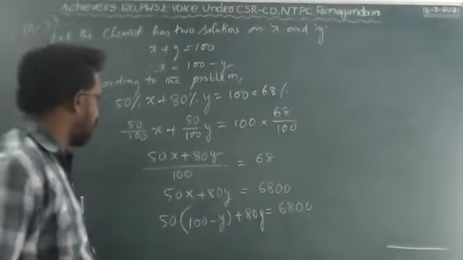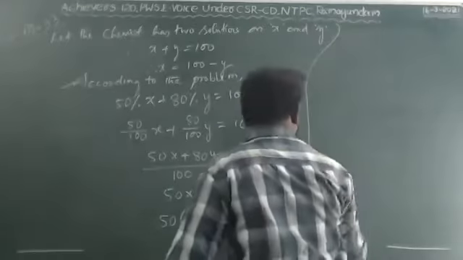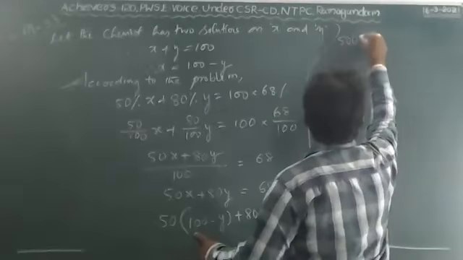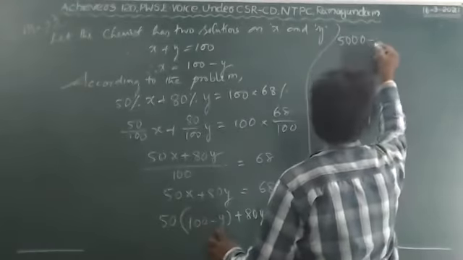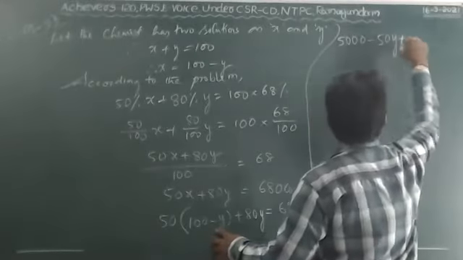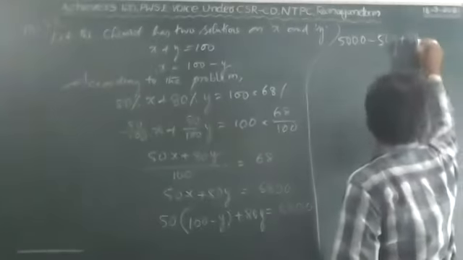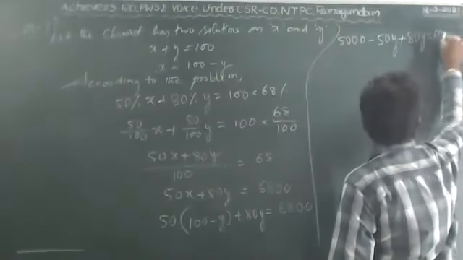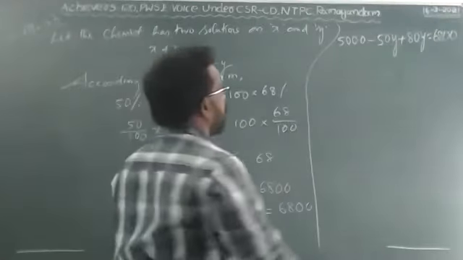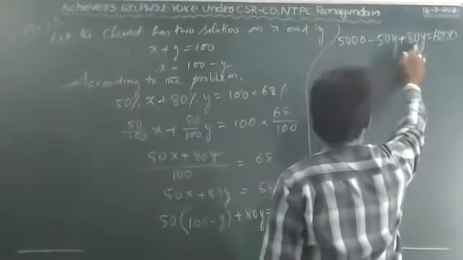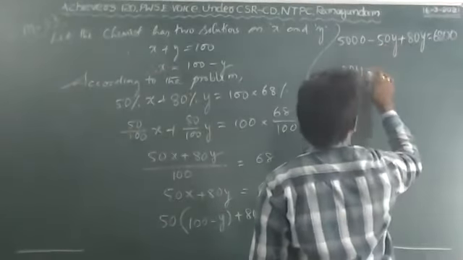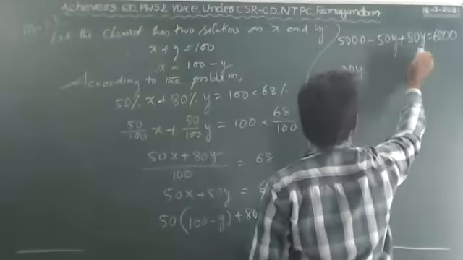Now see here, 50 into 100 is 5,000, minus 50y plus 80y is equal to 6800. Now 80 minus 50 is 30y. When the variables are the same, then only you can add or subtract.